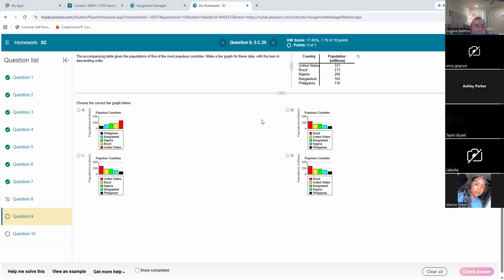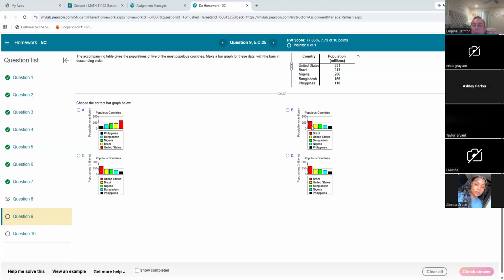So look at the little legends they're giving us. So the A, United States is red. So see how that red one's the tallest? Philippines is black, which was our smallest. And let's see, next to the United States should be Brazil, which is yellow.